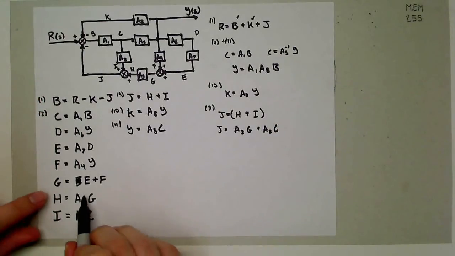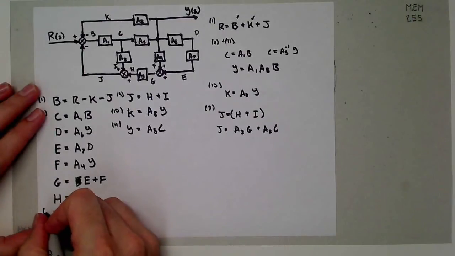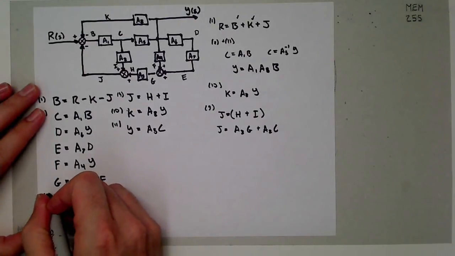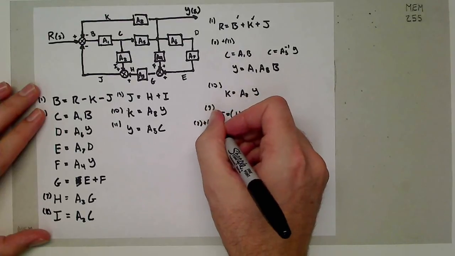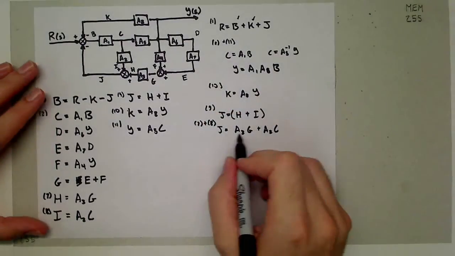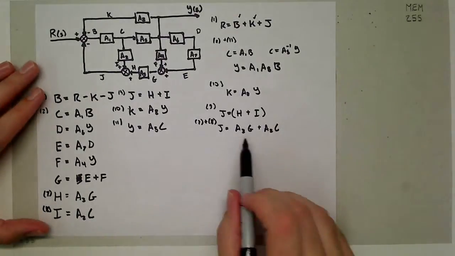And again, that's using equation 8 and equation 7 to sub in for H and I, and we get that.